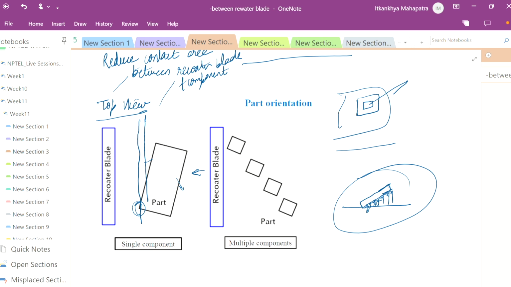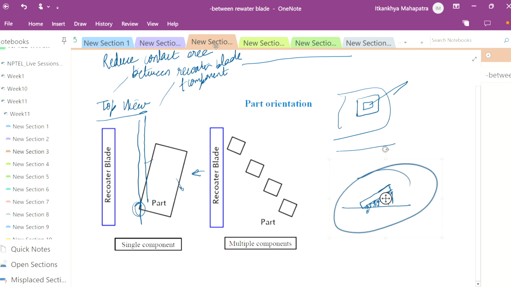So we usually do it in the XY position. This is the optimum. See, why we are tilting in Z is because we have contact at only one point. So that is why this is the optimum. But we usually do not do it, to avoid supports. But this is the way we reduce the force from the recoater blade to the component.